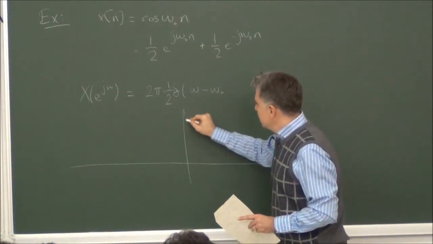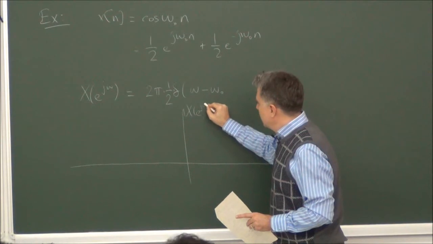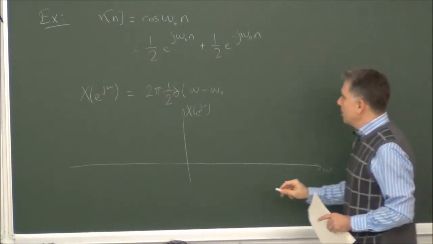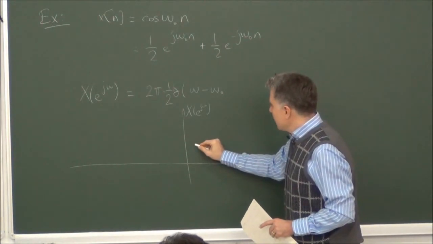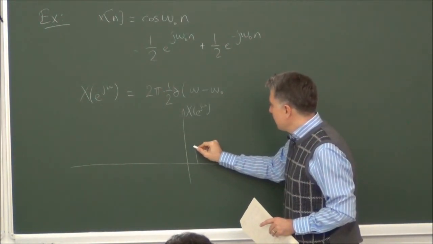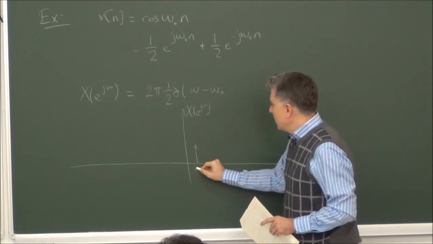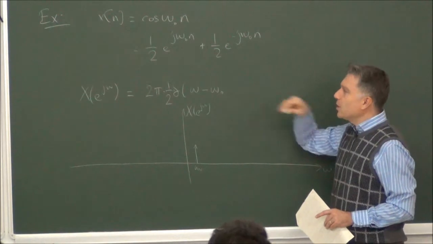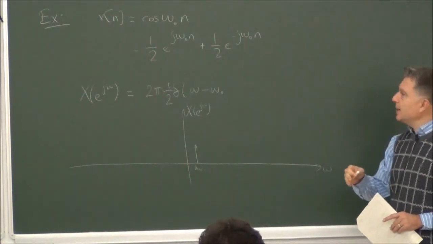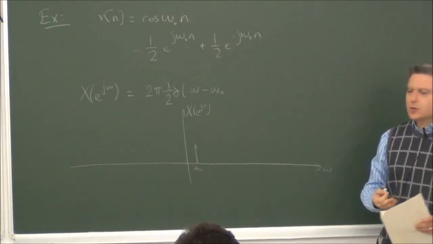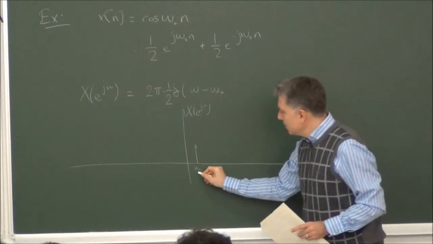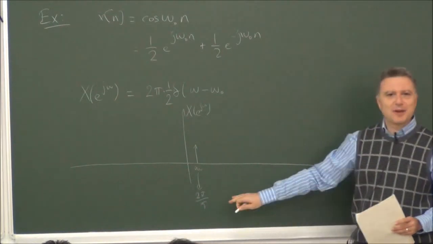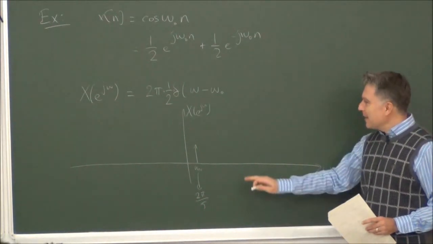Suppose this is the center. We are trying to represent this X of e to the j omega. This is at omega 0. And let's assume that 2 pi over capital N has, for N, a value of 5. It's just the number 5, it's an example.